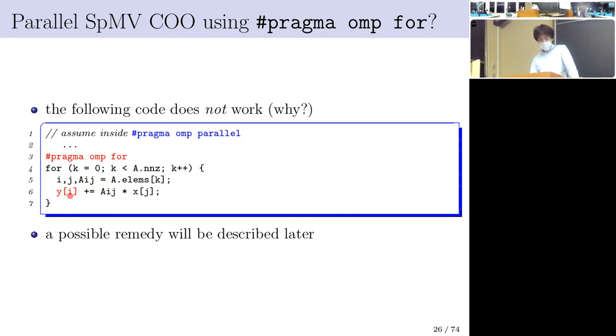In that case, i is the same between two or more threads, so two or more threads are trying to write into the same element of y. So something bad is going to happen. I'll get to this later.